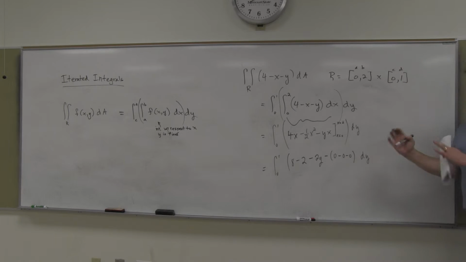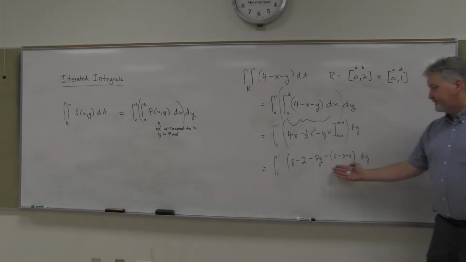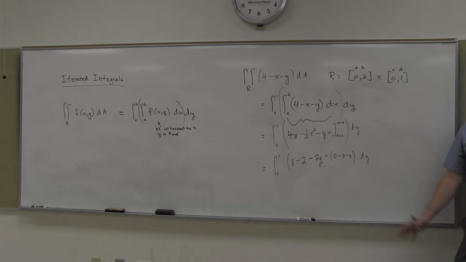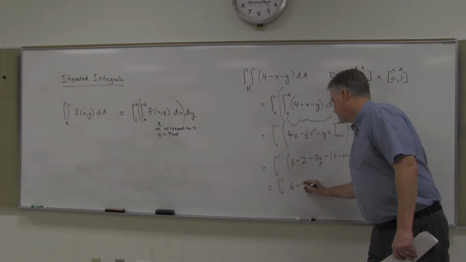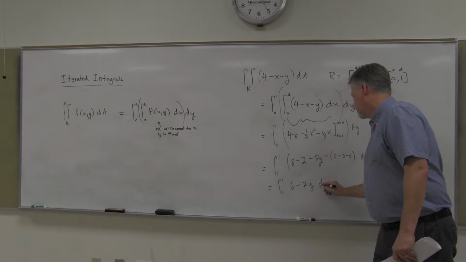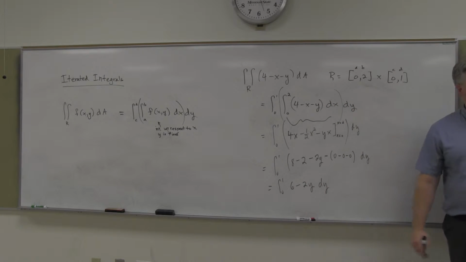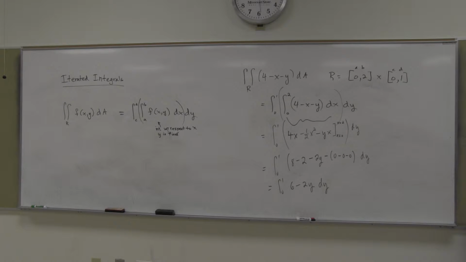So what we wind up with is a function only in terms of y. What is it, 6 minus 2y? With me there? Okay.